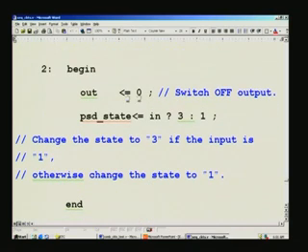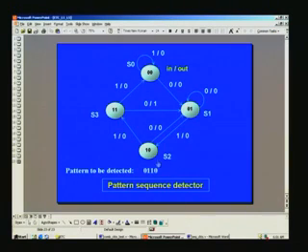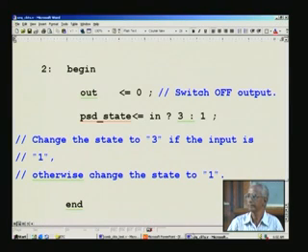If input is 1, it should take you to state 3, and here also the output is 0. That is what is here.